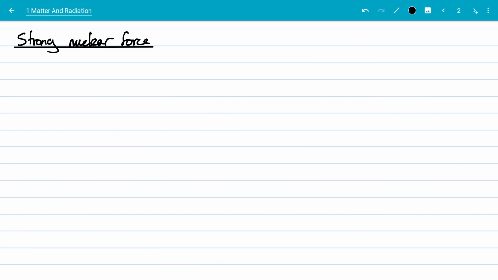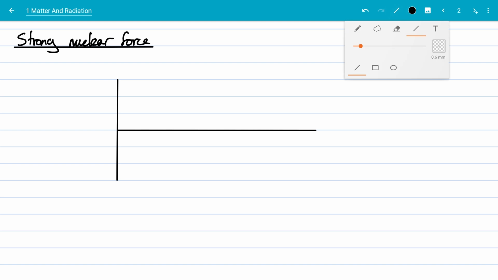So, let's draw a graph of the force versus position. This is x, the position of one proton relative to another, and this is the force between them.